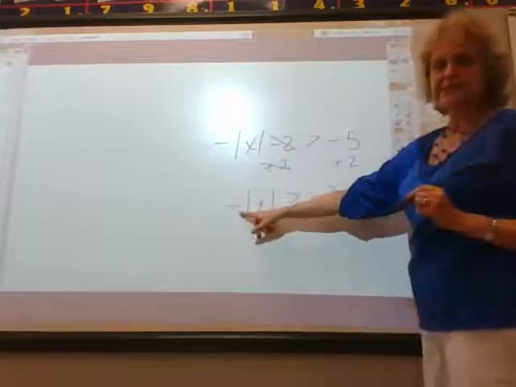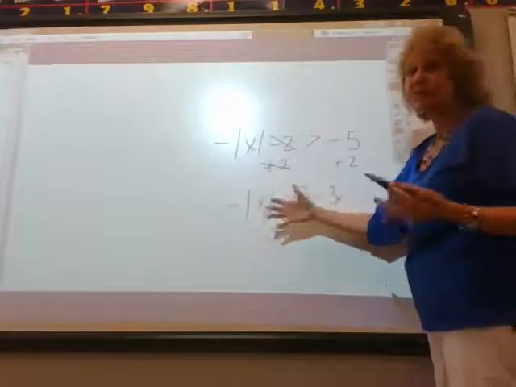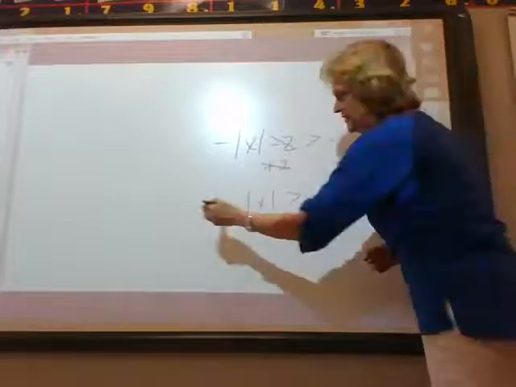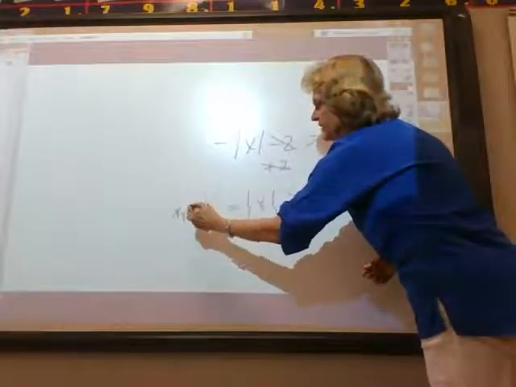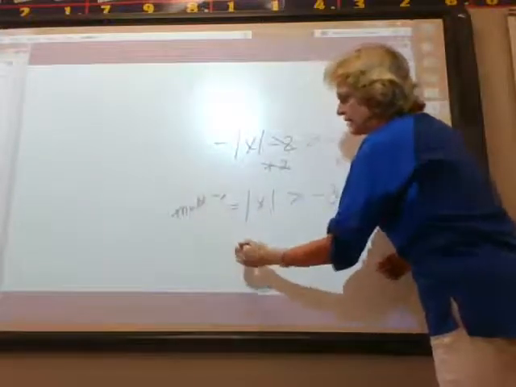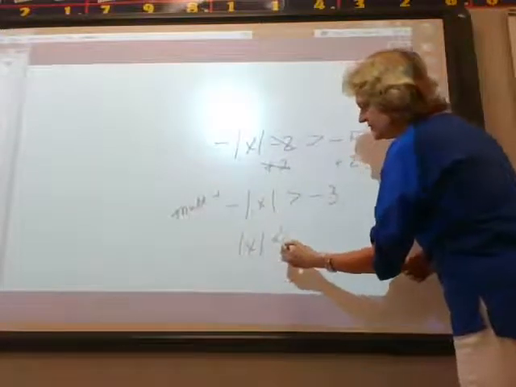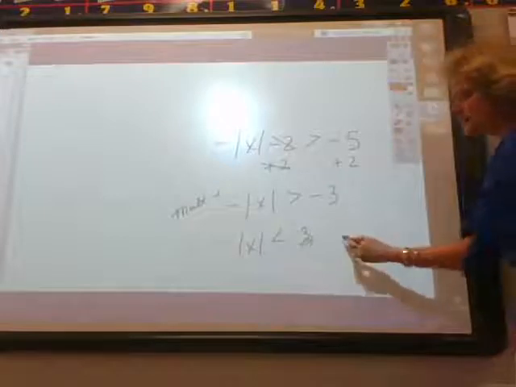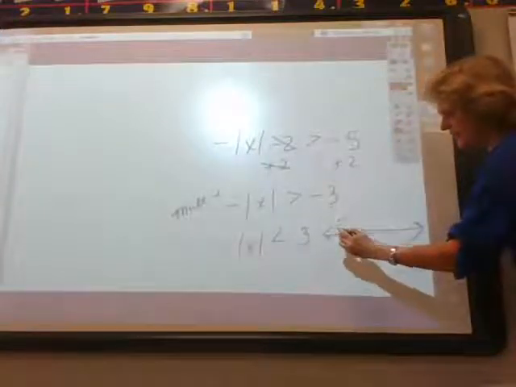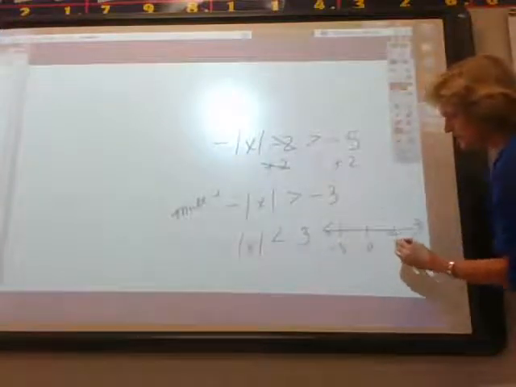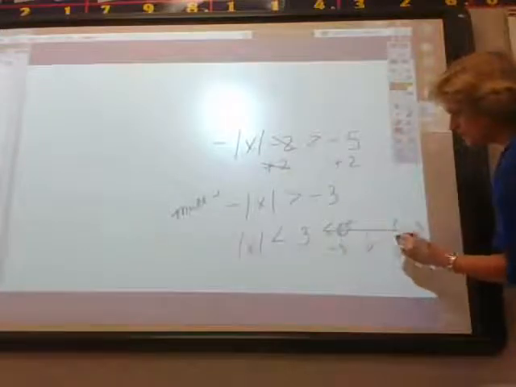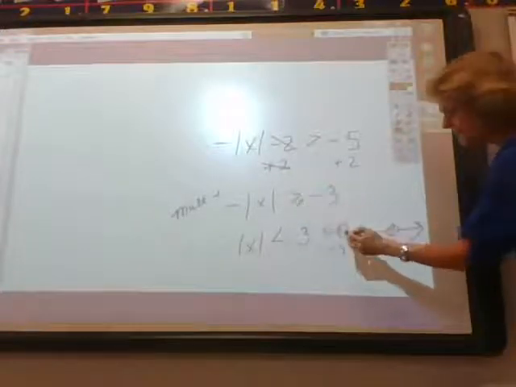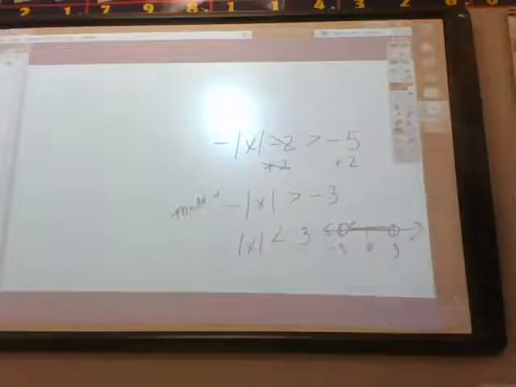I don't want a negative in front, so I need to multiply or divide. You could be dividing, it doesn't matter in this case. So we're multiplying through by negative 1. That changes every sign's direction. And so again, we have less than 3, so we're going to have negative 3, 0, 3. We want open circles because we're not including, and go toward.